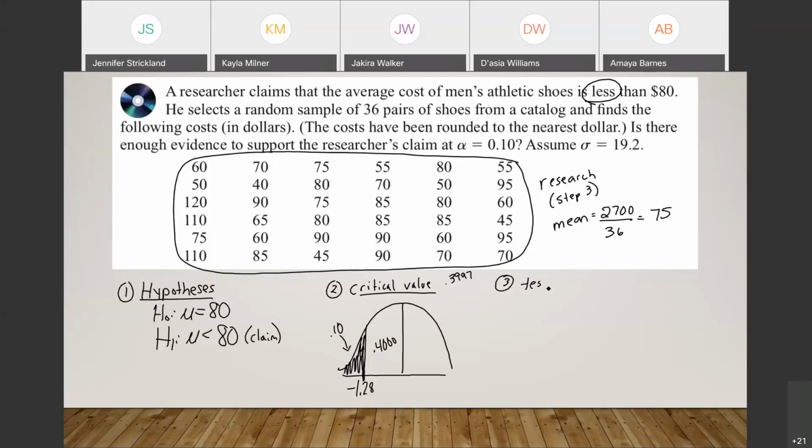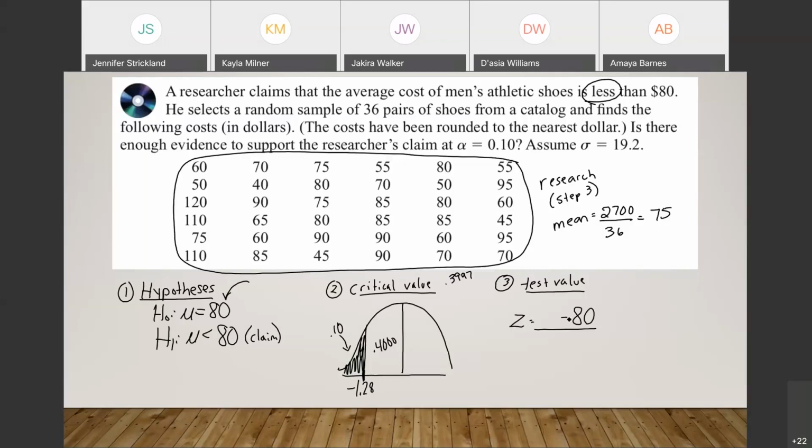All right, formula. What goes where? Is it 80 minus 75 or 75 minus 80? 75 is the mean. Remember, this number goes where? That's the value, the second number. So the 80 goes back here, and the 75 must go first.